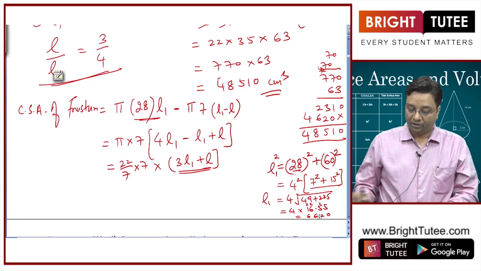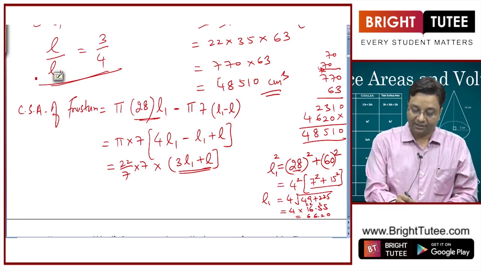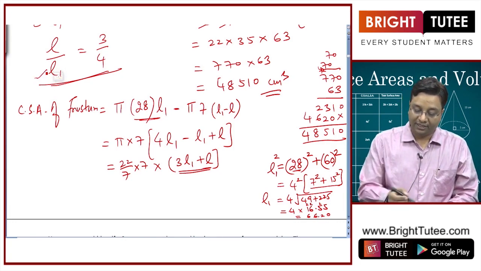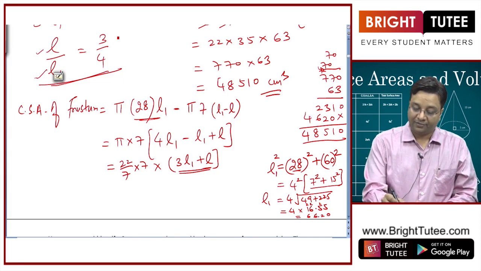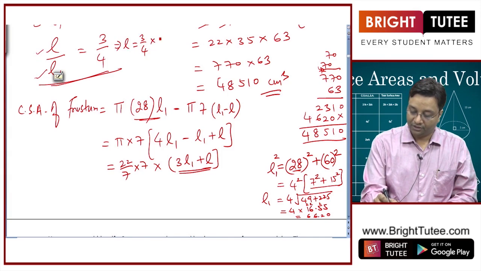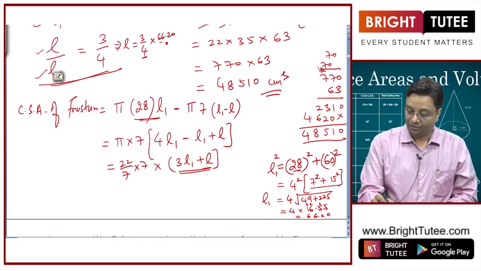So 4 into 16.55 is how much? 66.20. So when I have got L1 as 66.20, it is very easy for me to calculate L. So L will be equal to 3 by 4 of 66.20. Now if I divide it by 4, I know I will get 16.55. So 3 into 16.55.